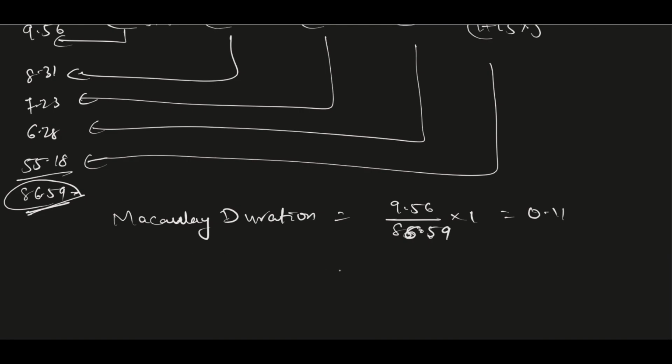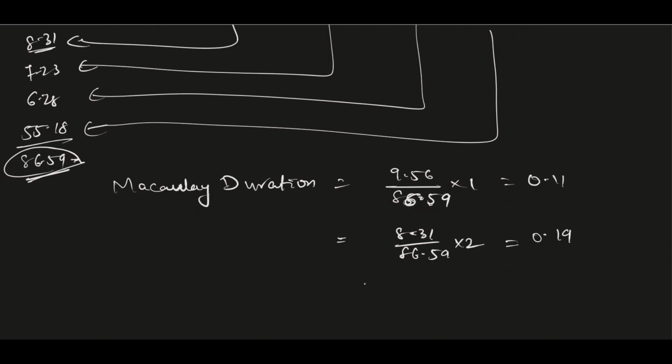Then the second one is 8.31, divided by the total value 86.59 into the second period of payment, so that comes to 0.19.